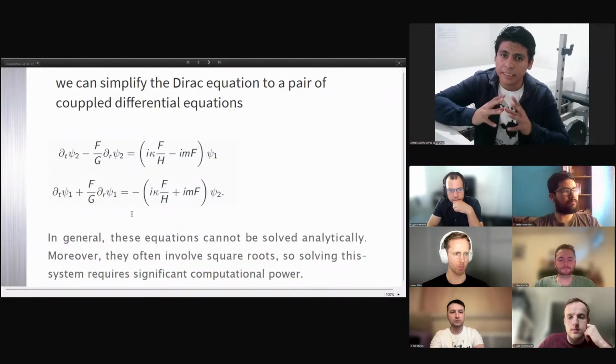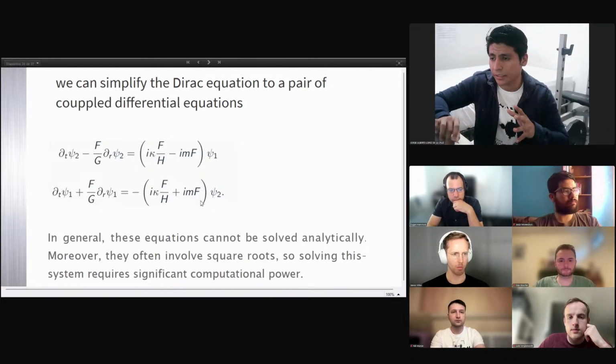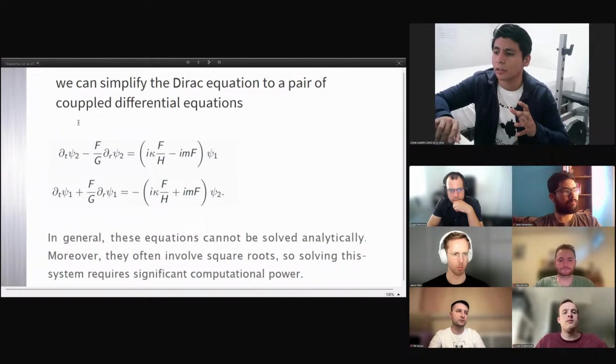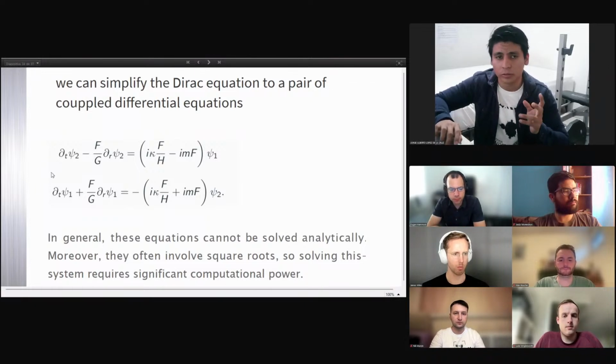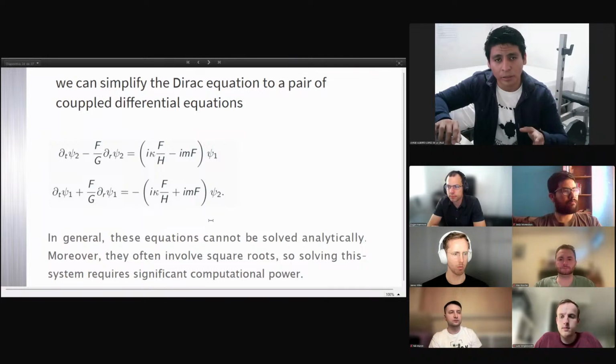We are simplifying the Dirac equation to this pair of coupled differential equations. This is easier to solve, but actually, in general, these equations cannot be solved analytically. Moreover, they often involve square roots. So solving this system requires significant computational power.